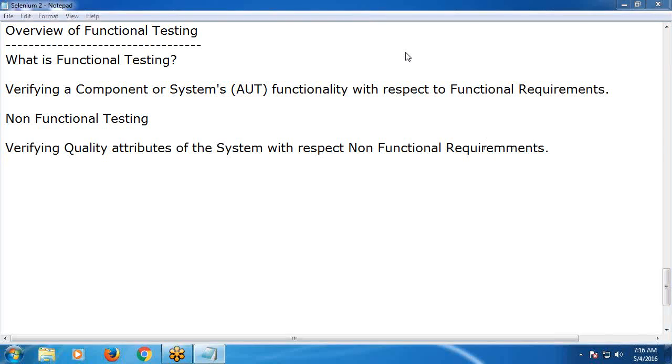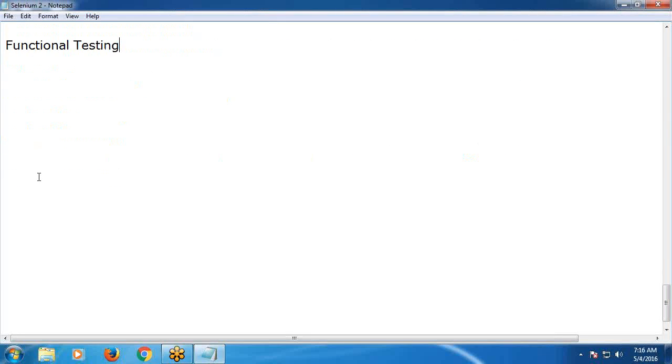Okay, functional testing. Mrinal, can you tell me what is functional testing? Okay, definition we discussed already. Another classification. What is functional testing? I will give 4 options.